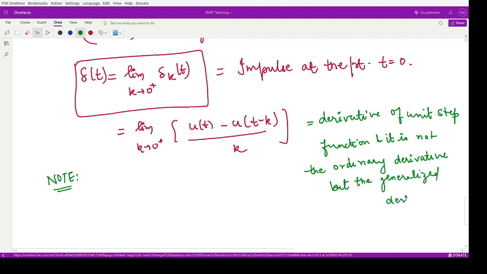Why is this so? Because the ordinary derivative here does not exist due to the presence of discontinuity.